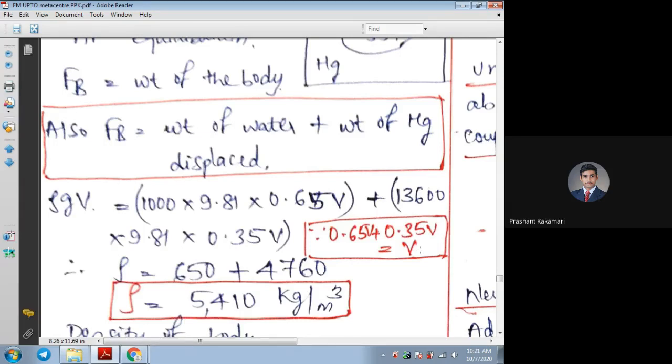So the total weight acting by the stone is supported by mercury as well as water here. So both are added here, and the percentage of volume is given, not the exact value. So by this, directly they are finding the density. One more method is you go by the volume.